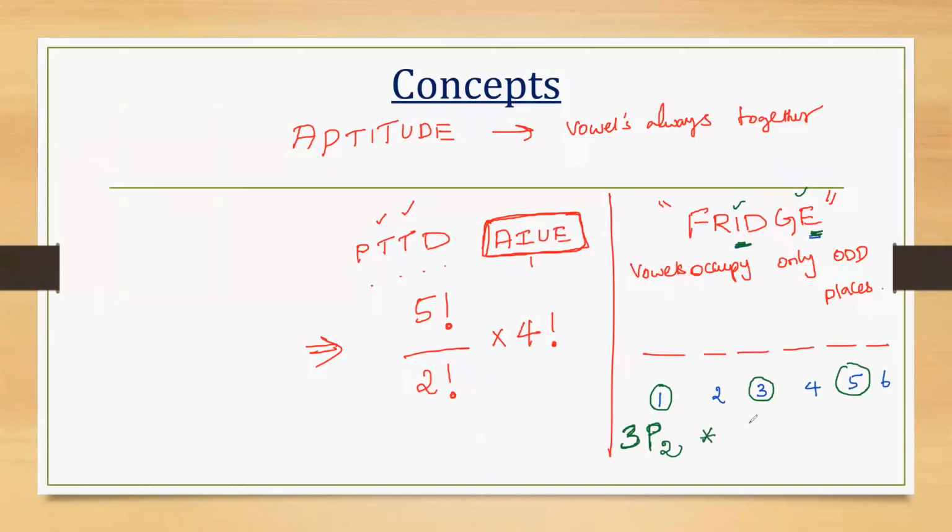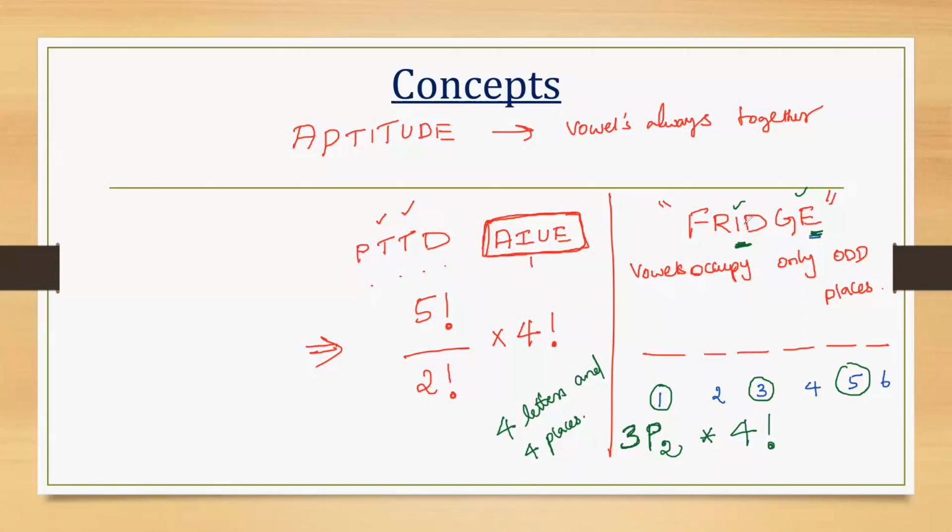Remaining we have 4 letters and 4 places. Therefore, the answer must be 3P2 into 4 factorial. Is it clear?